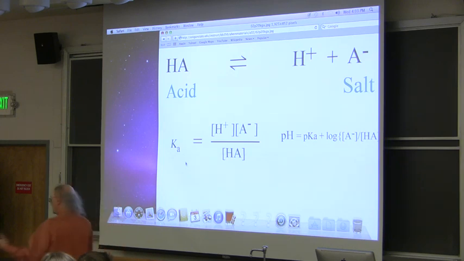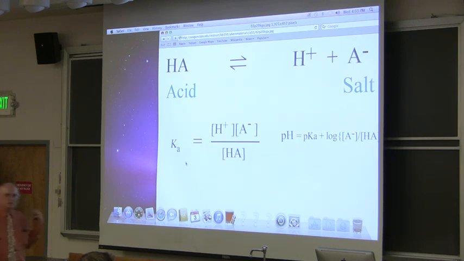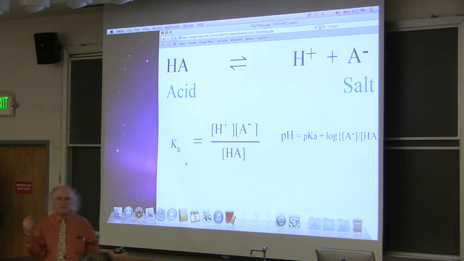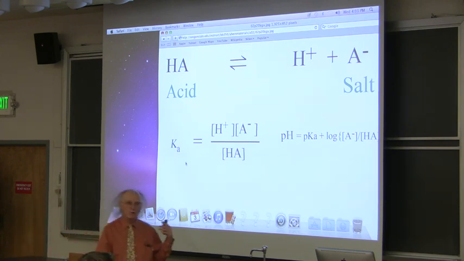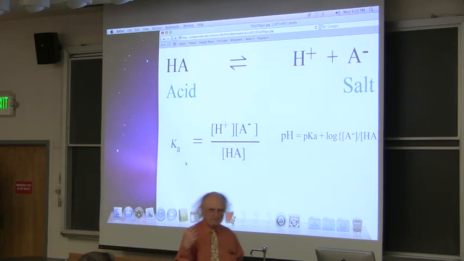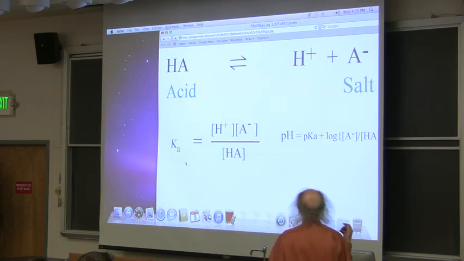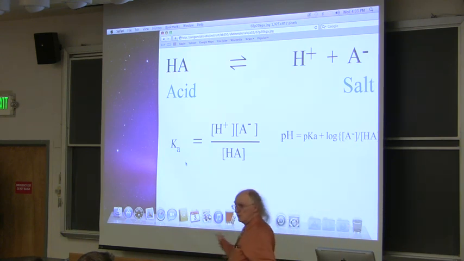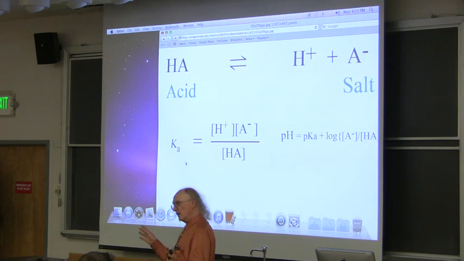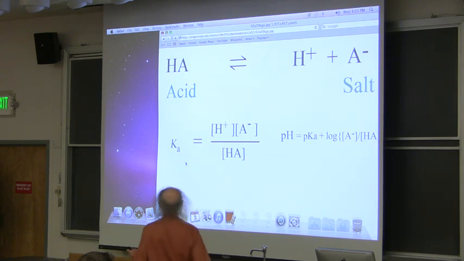So we have 2 things, weak acid and salt. Weak acid has 1 more proton than a salt does. You should always be able to figure out which one is the salt and which one is the acid in any given equation, because the acid will always have 1 more proton than the salt will. We're not going to call this base because it will confuse you if we do. Everybody clear on that? Okay.